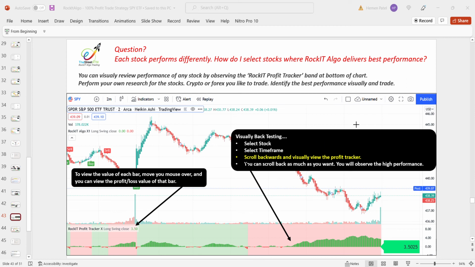Another interesting thing we've observed is that once the initial one or two candles are green, it sort of tells us that this is going to be a profitable signal. So you can see first two green, first two red, and then it goes into green.